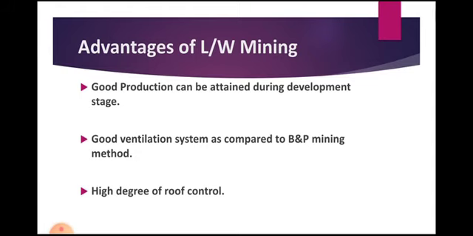So drivage of two gate roads, main gate road and tail gate road, along with the formation of the longwall face. All these three roadways drivage gives us an ample amount of coal which is very considerable during the stage of development in longwall mining method.